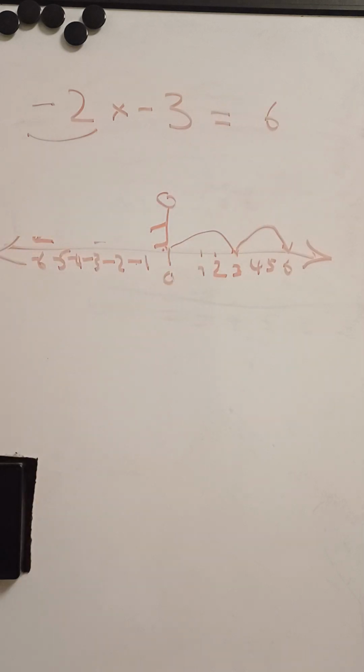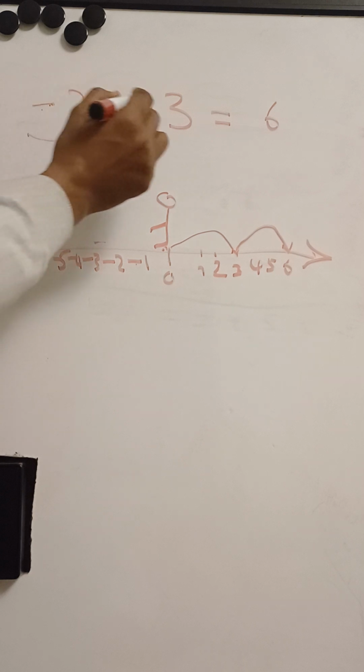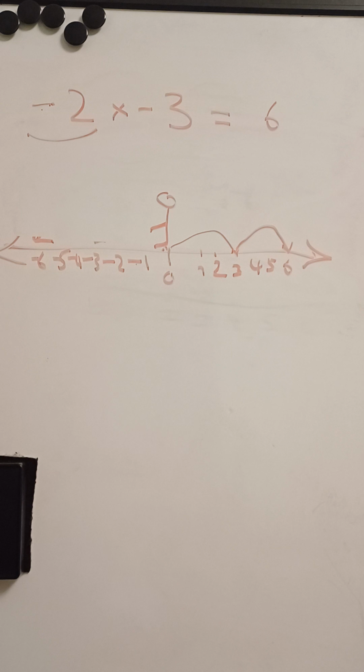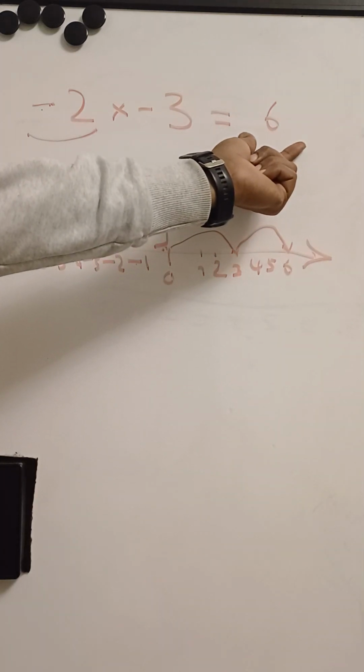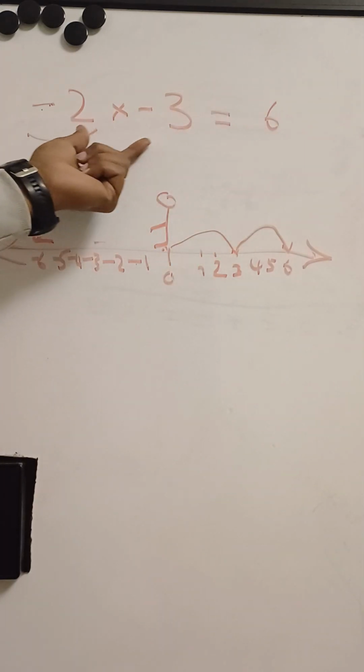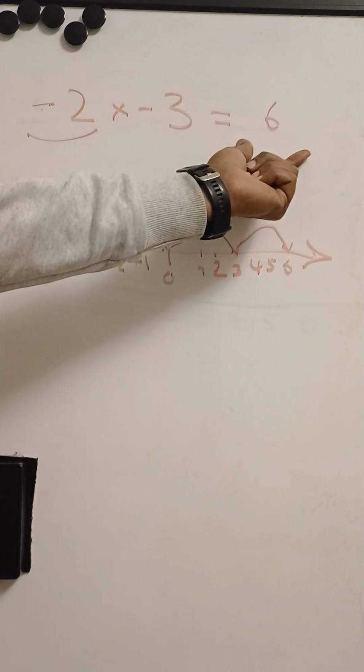So the general rule is, if the 2 signs of the first and second number are positive or the 2 signs are negative, the final answer is positive. But if they are different, the final answer is negative.